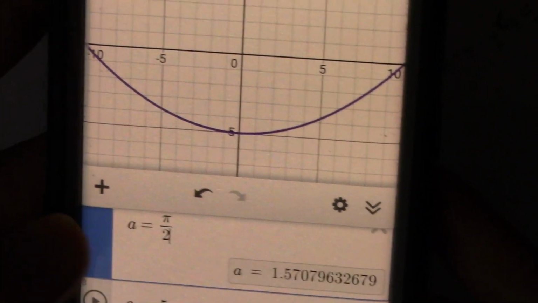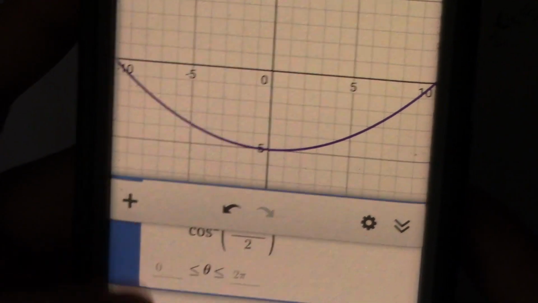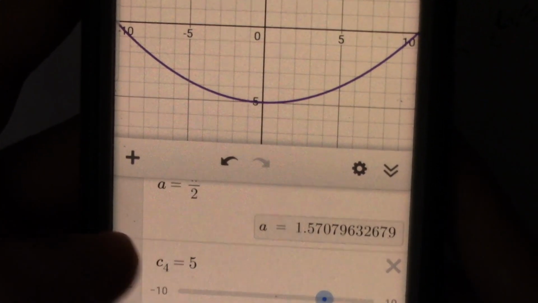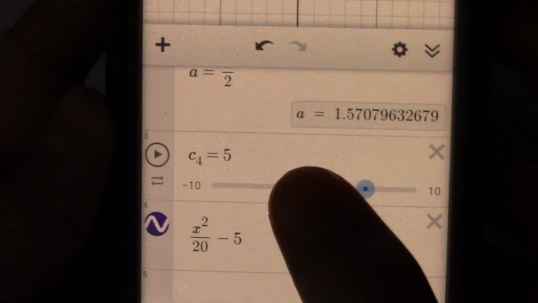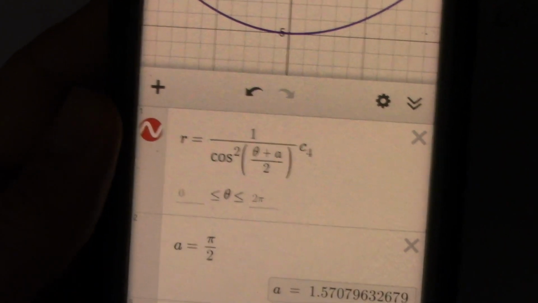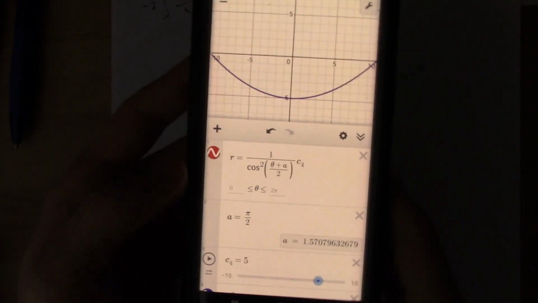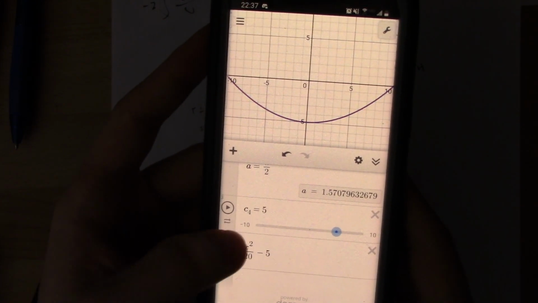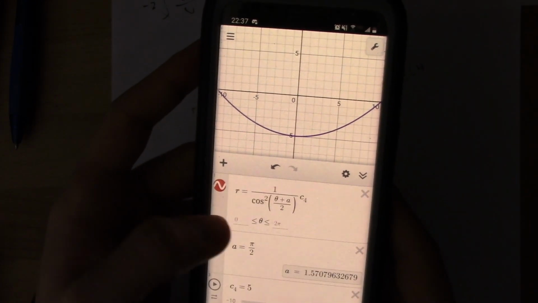So these two curves, where are they? Overlap is the same curve. Oh my gosh, gotta zoom out a little bit more. I could just record my screen, but yeah, so it's a parabola, as we all expected.